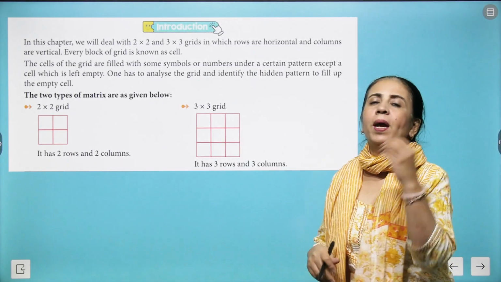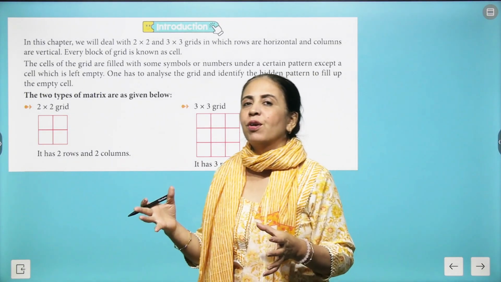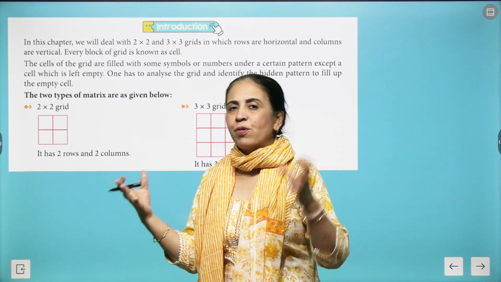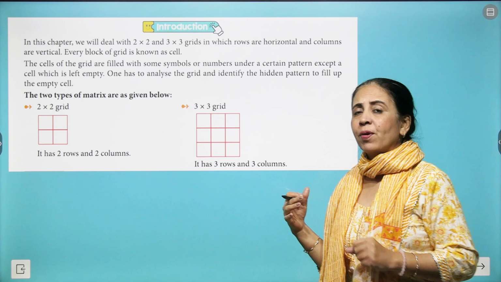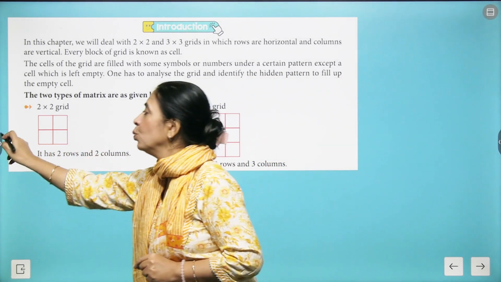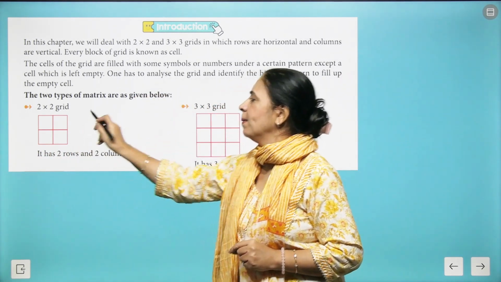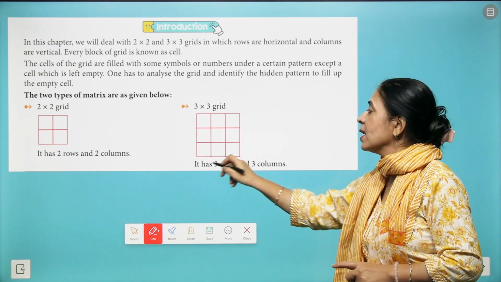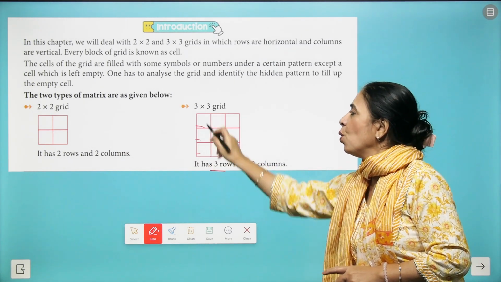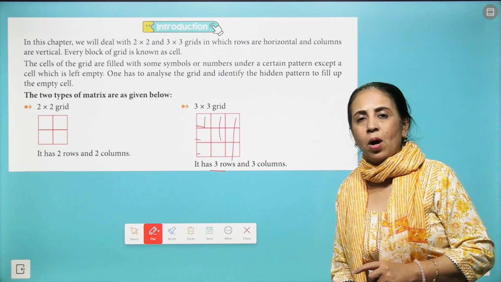So in this way, we can have a grid of 2 by 2 matrix or 3 by 3 matrix. When I say 2 by 2 matrix, that means it will have 2 rows and 2 columns like this. And if I say 3 by 3 matrix, it will have 3 rows and 3 columns.